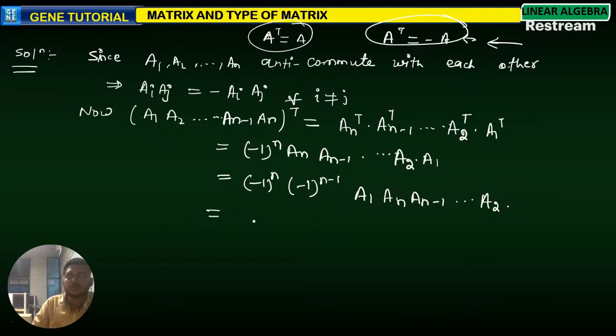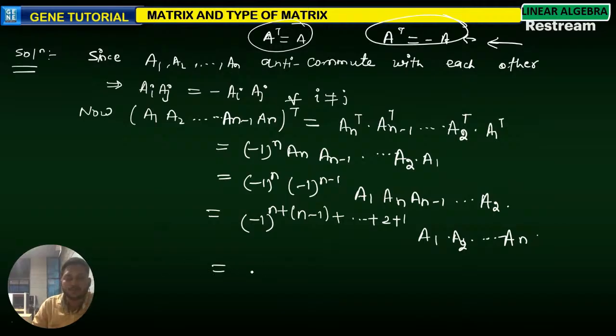Now it is minus 1 to the power of n plus n minus 1 and so on down to 2 plus 1, and the remaining portion is A1 A2 ... An. Therefore this implies minus 1 to the power (n+1)/2 times A1 A2 ... An. These are the basic parts of the solution.